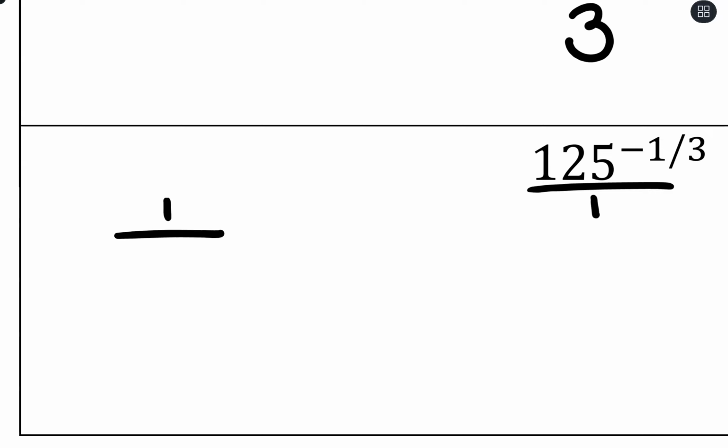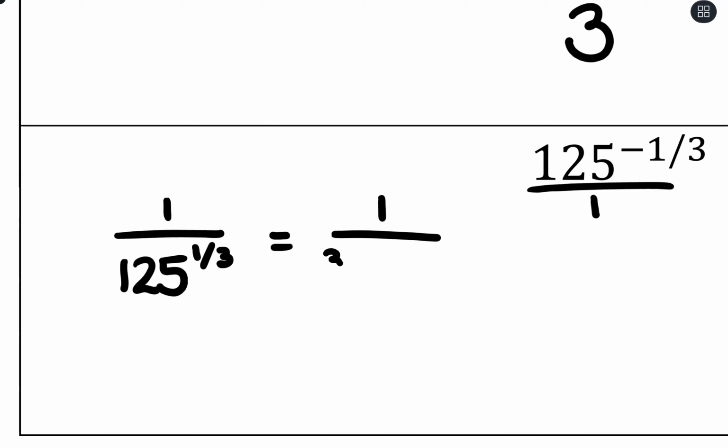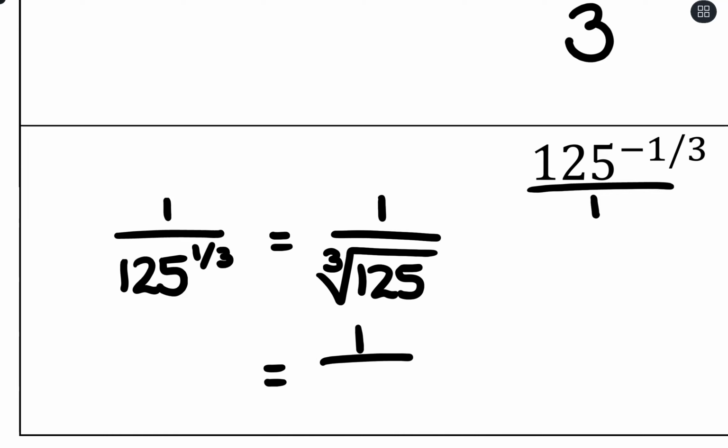So we're going to go 1 over 125 as our base, change the sign, so we'll have a positive 1/3, which is the same as 1 over the cube root of 125 to the power of 1, which power of 1 isn't going to change things. 125 is made up of 5 times 5 times 5. And actually, let's bring this to another line down here. So the cube root of 125 is going to be a positive 5. And that would be our answer there.